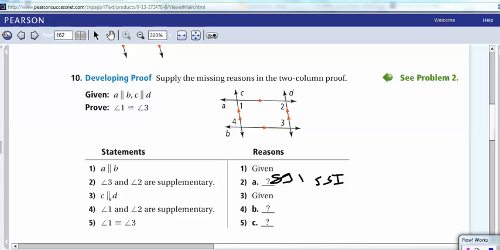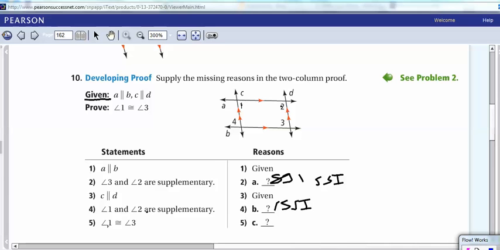C is parallel to D. Well, why? Because it's given. 1 and 2 are supplementary. Same side interior, right?